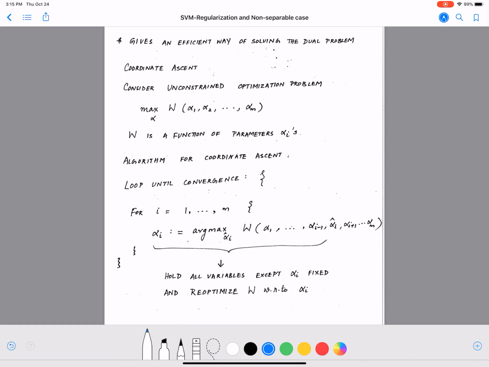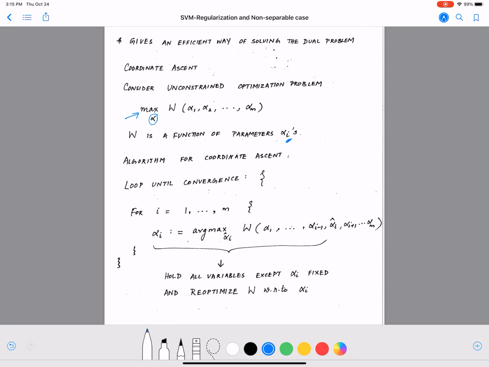In coordinate ascent, we consider the unconstrained optimization problem, which is just this here, max over alpha of W(alpha 1 to alpha m), right? So you're going to find the alphas which maximize this expression. Now we know that W is a function of all the parameters alpha i's.